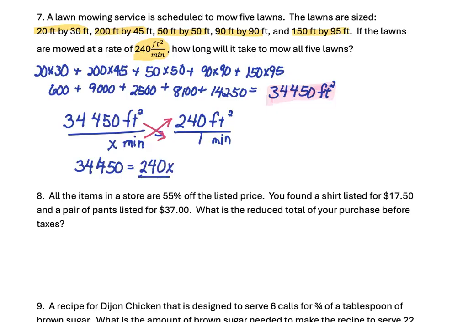Divide through by 240 on both sides. So our answer for x is 143.5 minutes.